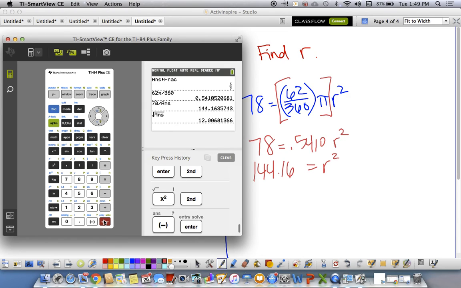No. You just hit it one time. So what is our answer? What is R? 12.0068136. Yes, and eventually in science and chemistry, you'll talk about sig figs, significant figures or significant digits. You're given 2, you give 2. Okay?